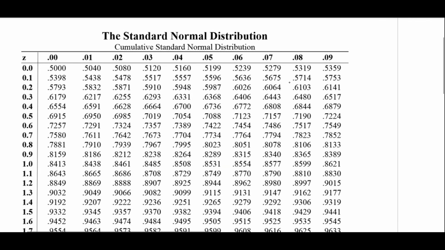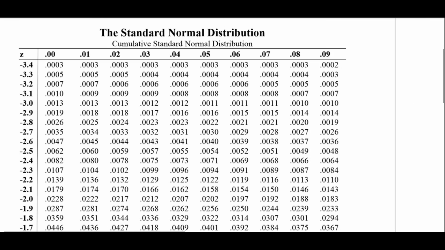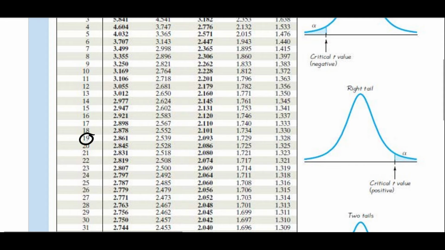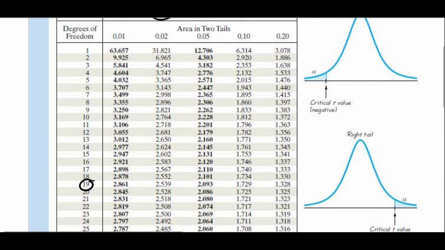I'm going to double check that. 19 degrees of freedom. Based off of that result, our t critical looks like 2.539. Because it's a left-tailed test, our critical value should be negative, so it's going to be negative 2.539.